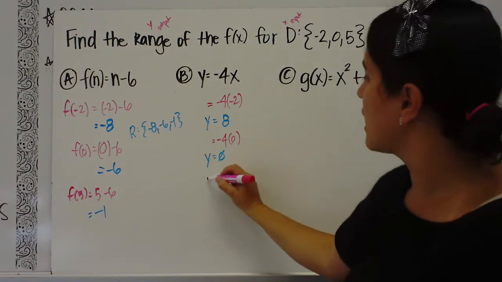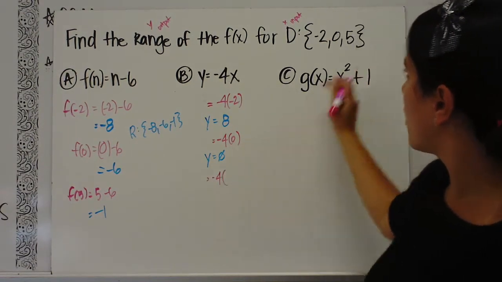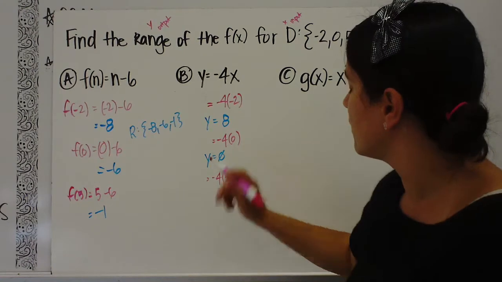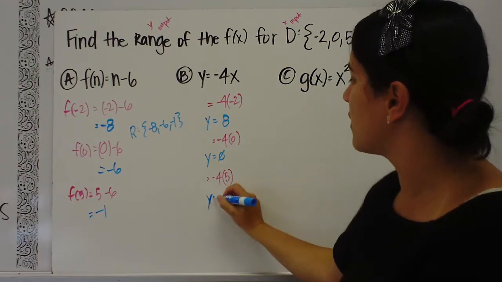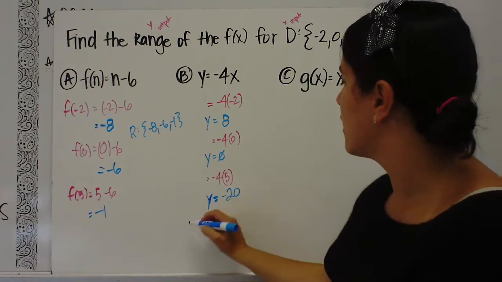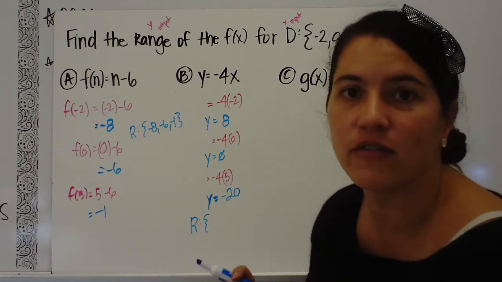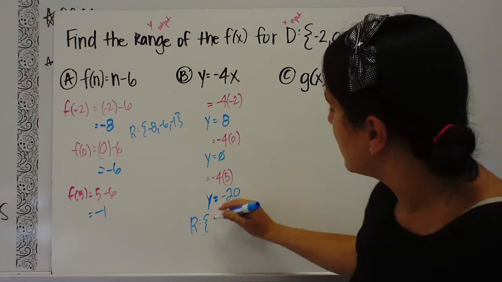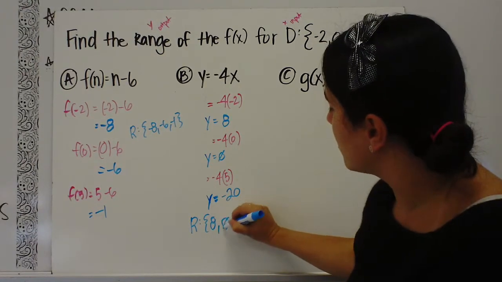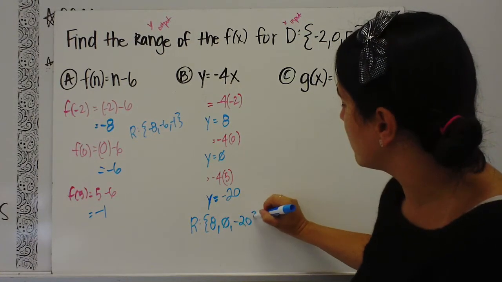I'm going to do it one more time with negative 4 times 5, and that's going to tell me y equals negative 20. So my range set, my set of range values are going to be 8, 0, and negative 20.